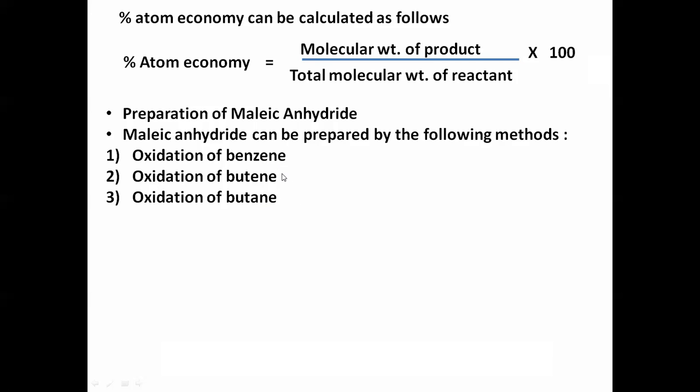So we concluded that this is the best possible route for manufacturing maleic anhydride, because atom economy is higher. Most of the atoms present in butene are converted into the final product, maleic anhydride. So we utilize atoms economically in the second route. That is the best route.